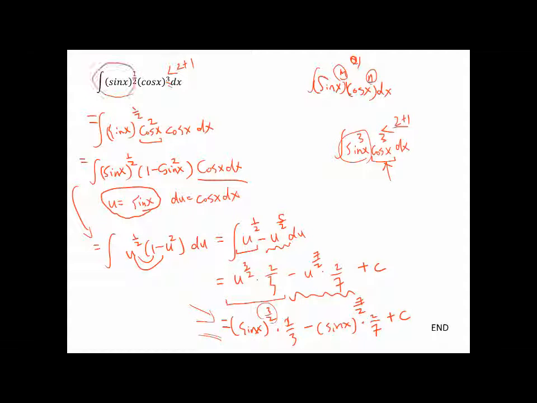Later for this even part, I rewrite it with my key formula, which is always sin x squared plus cosine x squared equals 1. So I rewrite it and do substitution, plug in, and you can solve it, right?